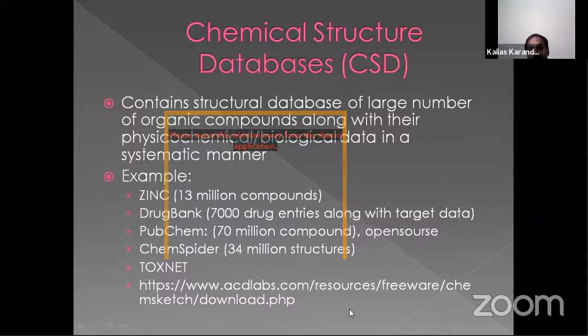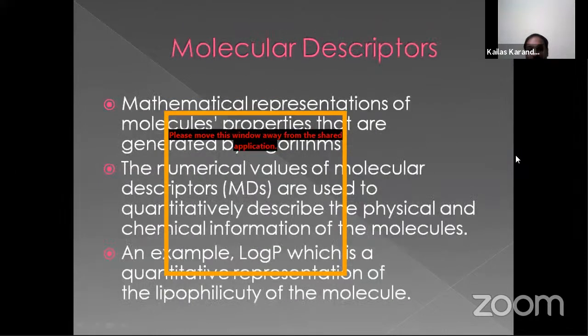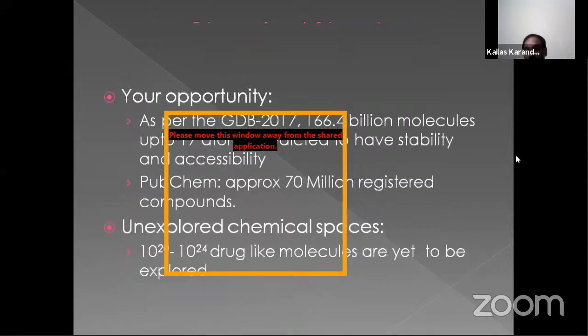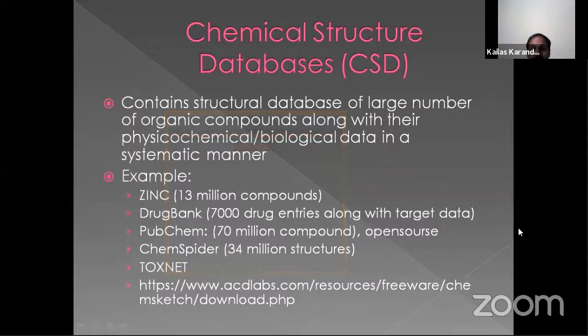Okay, so these are the online repositories available for chemical structure data. These databases are also there for you while selecting a drug-like compound for the selected disease.